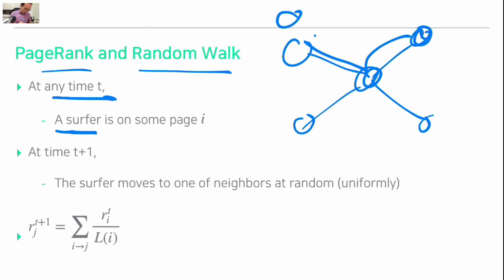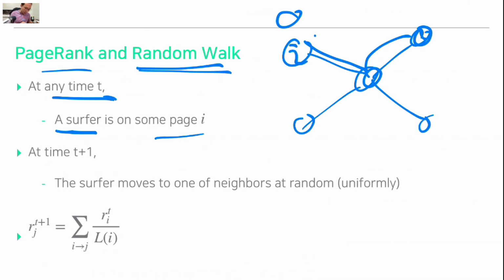So the PageRank behaves the same as the random walk, because at the time t, the server is at a specific page i, for example.